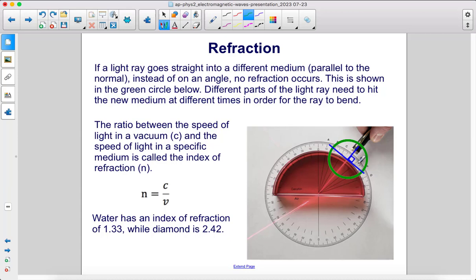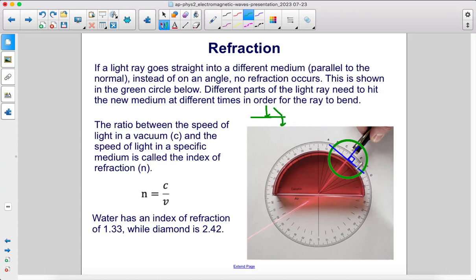Different parts of the light ray need to hit the new medium at different times in order for the ray to bend. So remember, if you have an interface like this and the light is going straight in, then all of that light ray is slowing down at the same exact time. Whereas if you're coming in at an angle, then the bottom of that light ray is going to slow down before the top part, causing the light to bend.